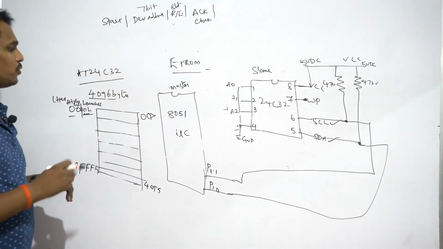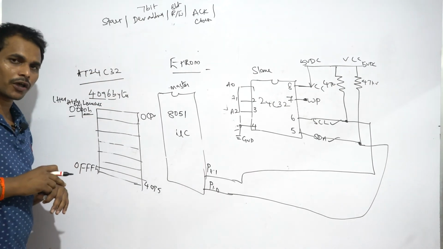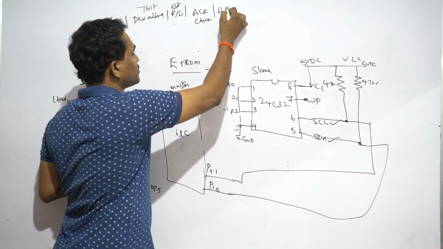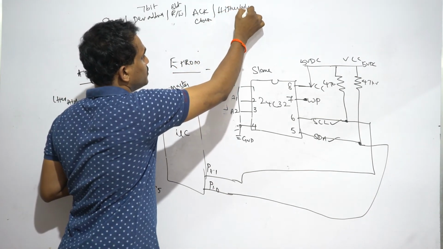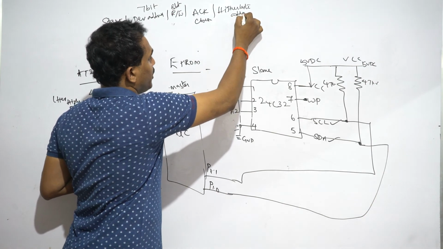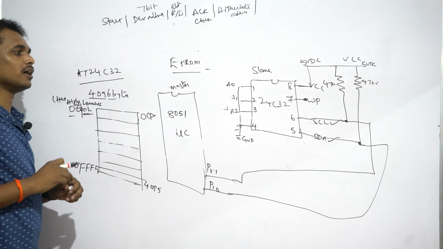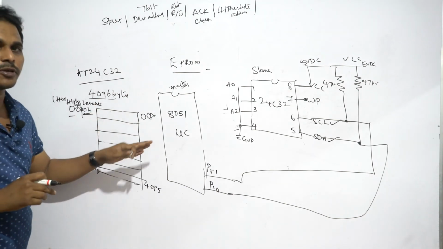Now, if you want to access a particular memory location of this EEPROM device, first you have to send the higher byte address. This should be 8-bit, right? Once you send this higher byte address, again the master will expect an acknowledgement from the slave.